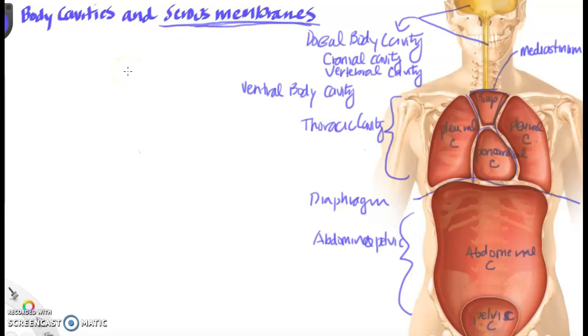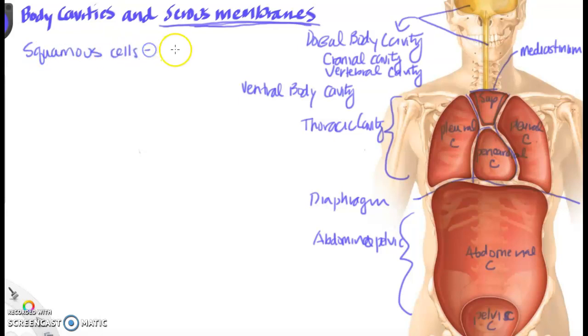And serous membranes are coverings of the cavity wall and coverings of the organ that are just sheets of cells, okay? And they're small cells. They're called squamous cells.